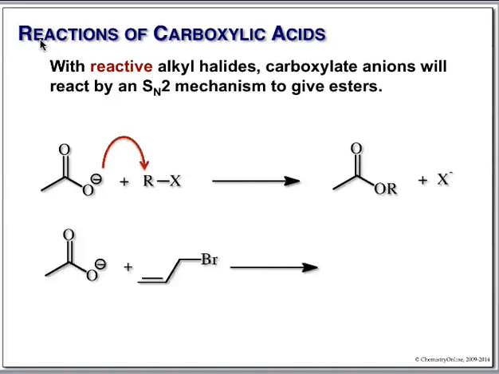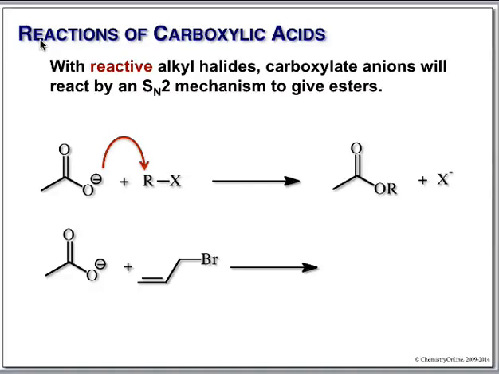Go ahead, draw the product. Again, this is an allyl bromide. We know that the allyl group is very activated towards SN2. We will make a carboxylate ester.